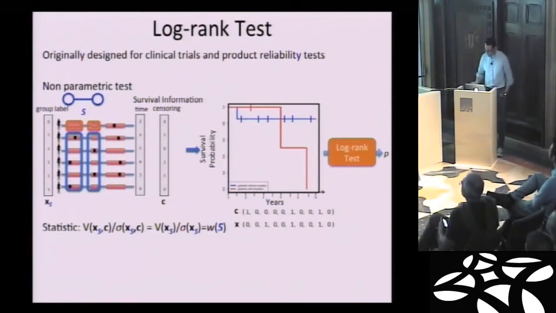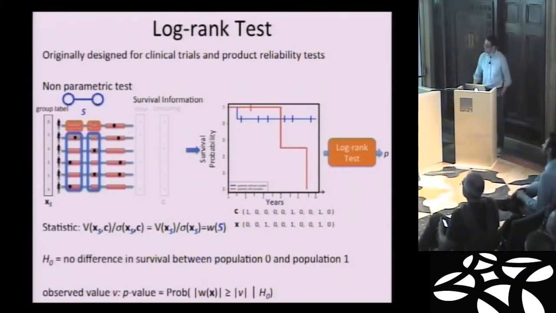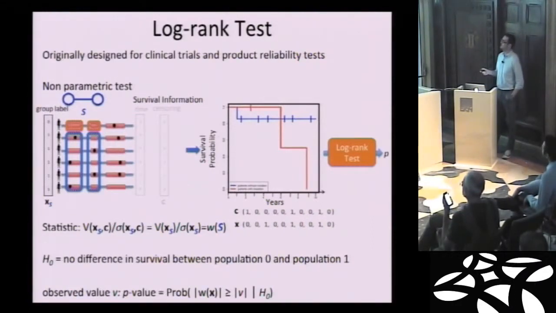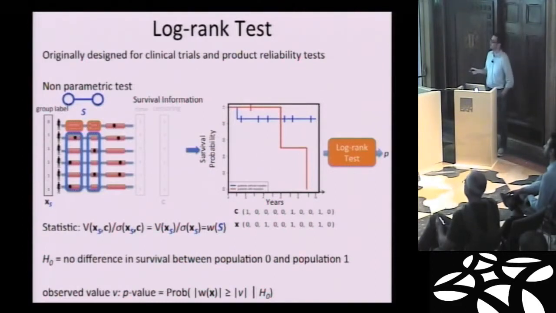So the weight for the subnetwork will be equal to the normalized test statistic for it. This is the same slide as before, and the reason we can use this weight as an indicator of the association of the mutation of the subnetwork with survival is that the absolute value of this weight is an indicator of how large the p-value will be.